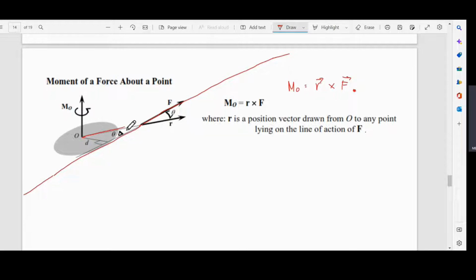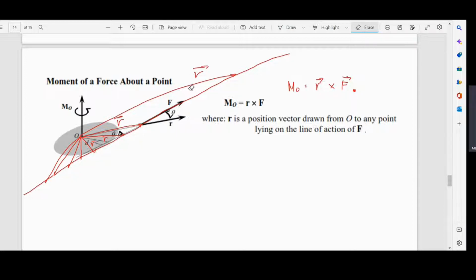So, ito yung ating position vector R. Pwede rin na ito yung position vector R. Pwede rin to. Pwede dito. Pwede rin doon. Okay. So, the position vector R is drawn from point O to any point lying on the line of action of force F. Okay?